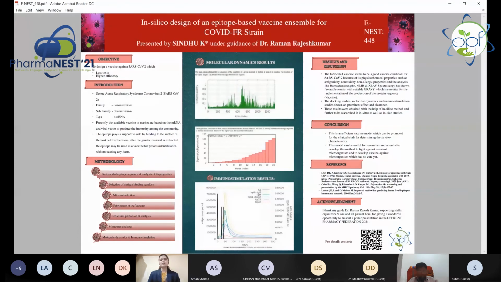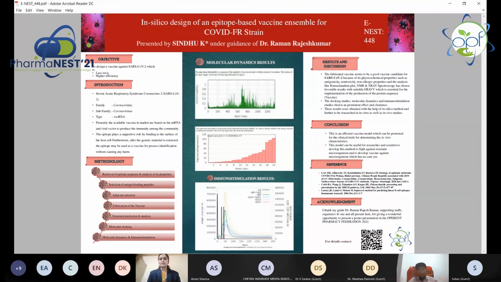The docking studies global energy was minus 31.96, which is a good docked result. And then the molecular dynamics and immunostimulation studies have been done for the confirmation of the immunity studies, which is the ultimate goal.